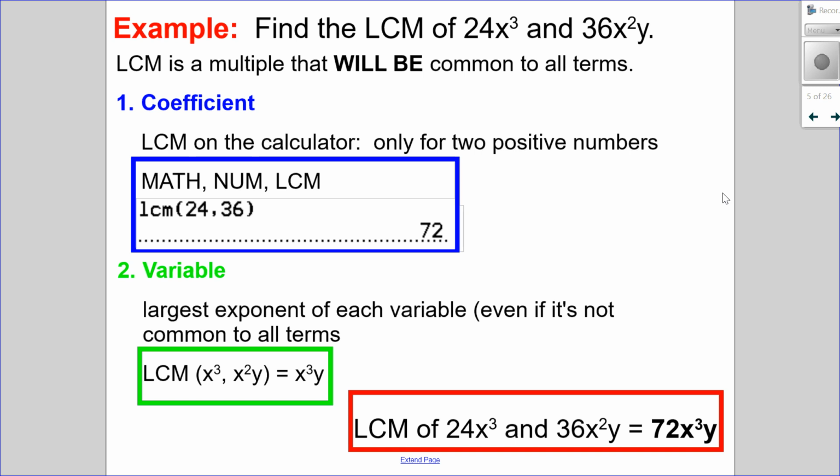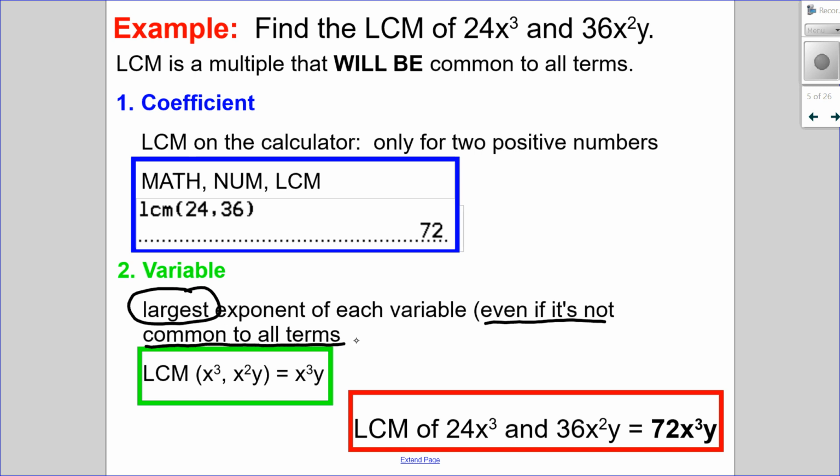And then the lowest common multiple of the variables is the largest exponent. So remember, greatest common factor was the smallest. Lowest common multiple is actually the largest exponent because both terms need to have that as a multiple. So it's the largest exponent of each variable, even if it's not common to all terms.